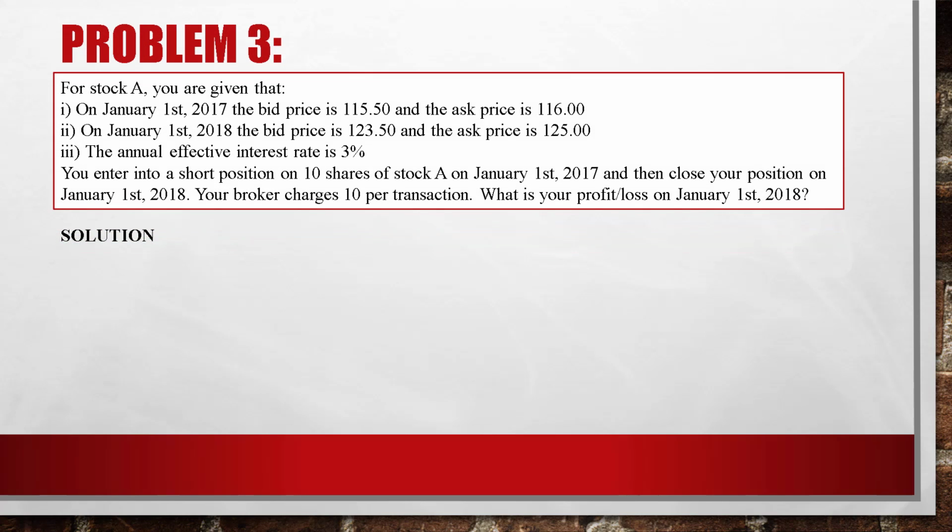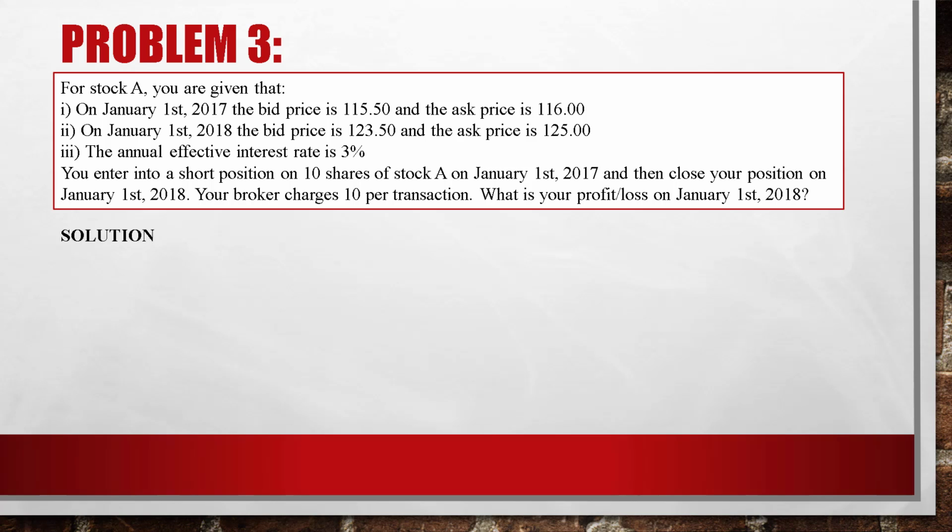Problem 3. For stock A, you are given that on January 1st, 2017, the bid price is 115.50 and the ask price is 116. On January 1st, 2018, the bid price is 123.5 and the ask price is 125.